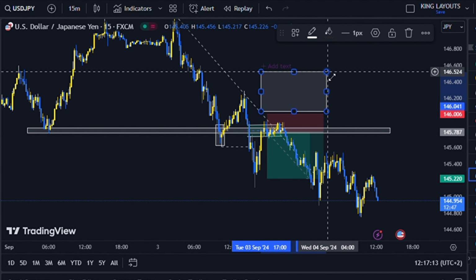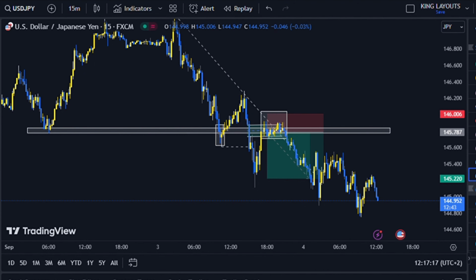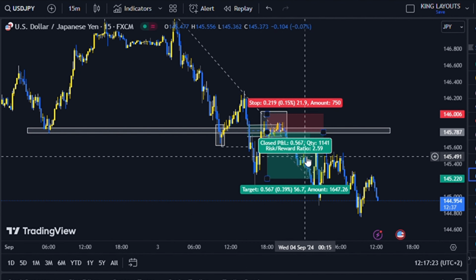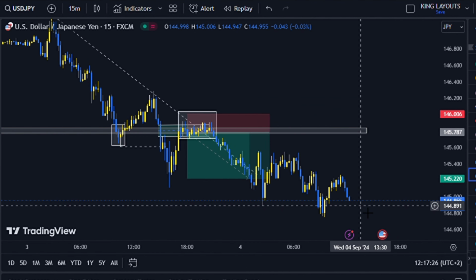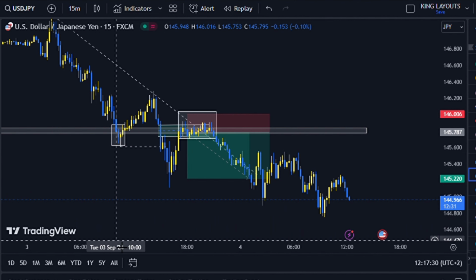So we had a rejection around the same zone, right? So we had this zone created, and then what else did we notice?